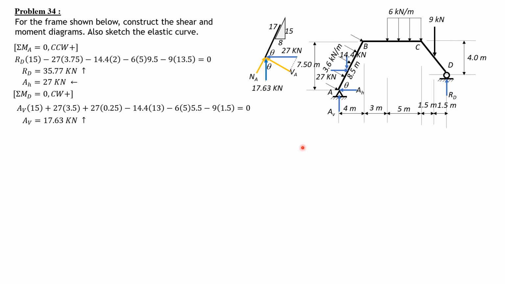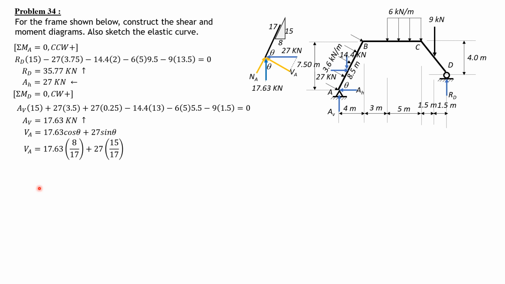So from the figure, VA, the component of 17.63 is going there. So it is 17.63 cosine of theta. And since this is also theta, plus 27 sine of theta, opposite of theta. So VA is 17.63 cosine theta plus 27 sine theta. Cosine theta is 8 over 17, sine theta is 15 over 17.